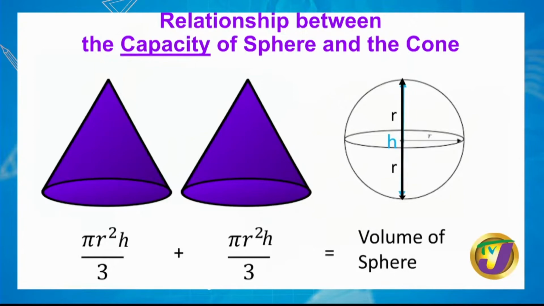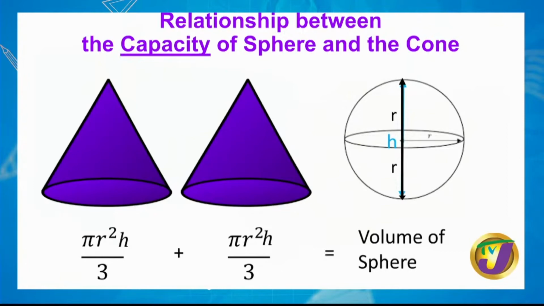Latoya, look back at what you have below each of those cones, and tell me if you think I could swap out, replace, substitute the height that we have here with 2 radii.